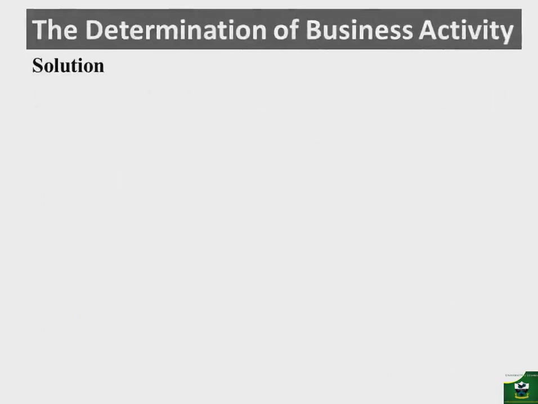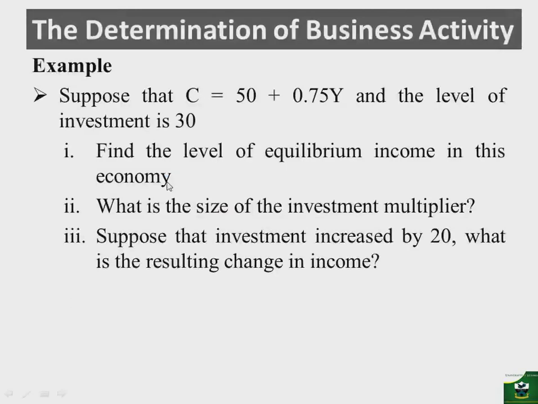Let's get the solutions. So the first one was to find the equilibrium level of income. So y is equal to consumption plus investment, and we know that our consumption is 50 plus 0.75y, and the investment, was it 30 or 20? Okay, investment is 20. Let me put 20 here so that we follow through with that example.